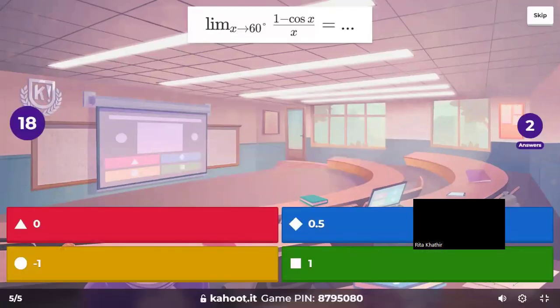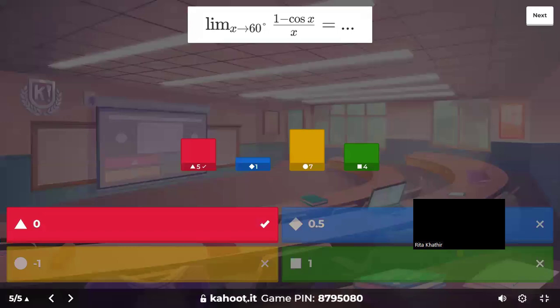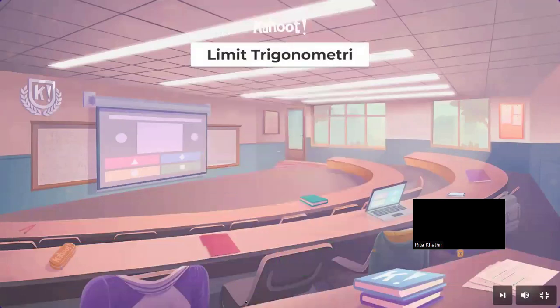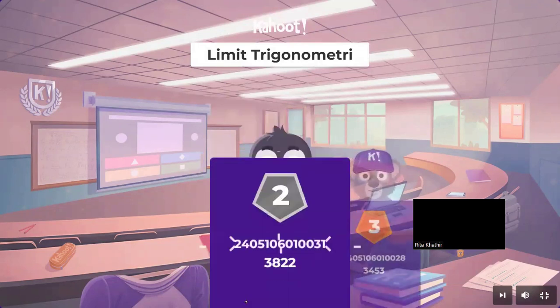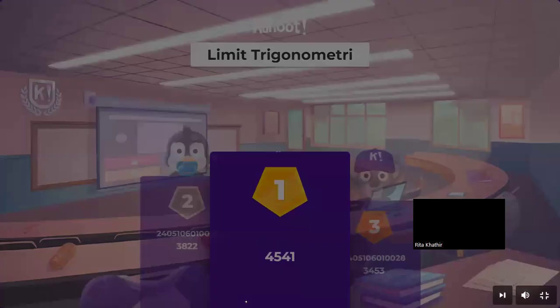Limit as x approaches 60 degrees of the function 1 minus cos of x over x equals to the theorem B number 2. Okay, we can repeat again in future, yeah? Who is the winner?